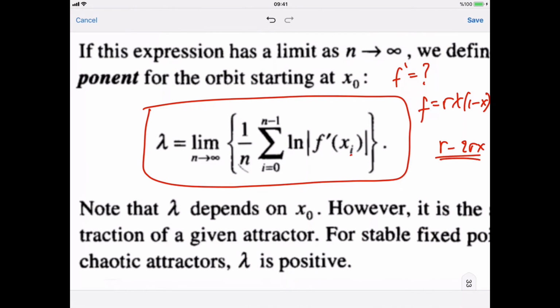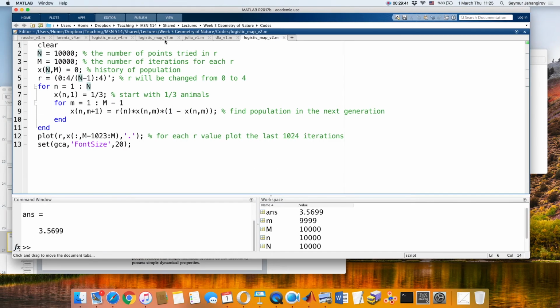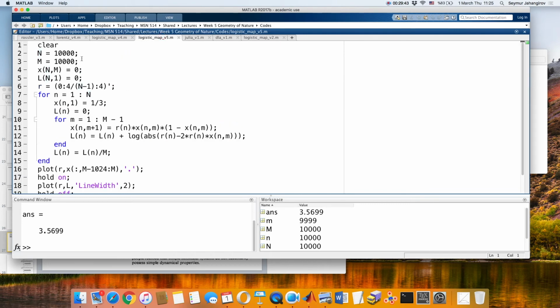So let me show you how this is implemented in the code. While I'm going to iterate, you are familiar with this code more or less. I have something different here, okay? Set Liapunov exponent to 0, okay?